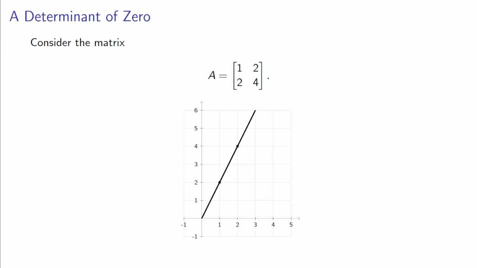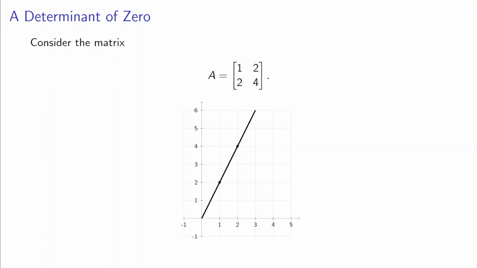So there are connections to being able to row reduce to the identity and being able to solve systems that have that matrix as a coefficient matrix. Connections to spanning sets for the vectors that make up the columns of the matrix. So being able to tell whether the determinant is zero or not, and therefore discover whether our matrix is invertible or not, is going to be a really, really powerful tool. And there are going to be even more applications of this as we move into future sections.